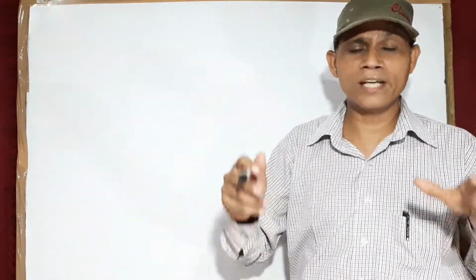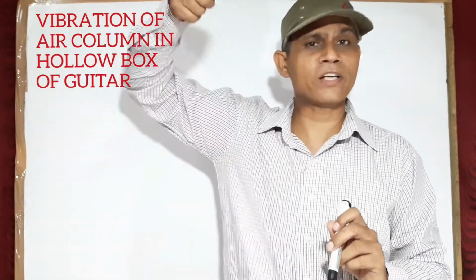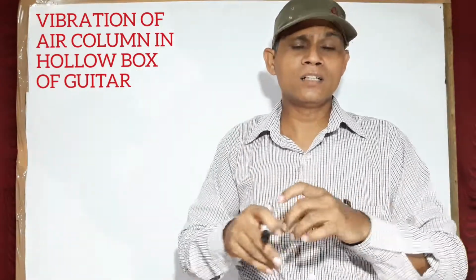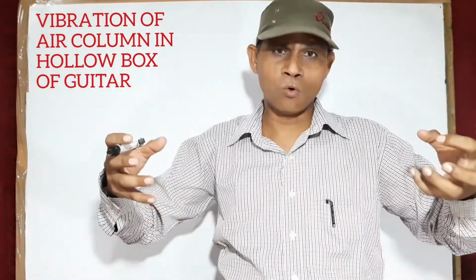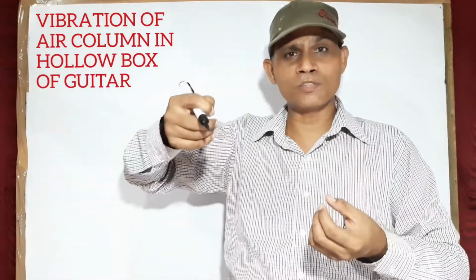Now the next example of forced vibration is, suppose you are having a guitar and you just pluck the string of the guitar, then the air column in the hollow box will start vibrating. These are vibrating due to the vibration of the string.